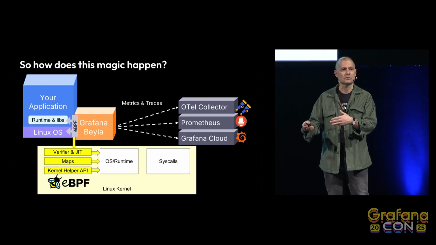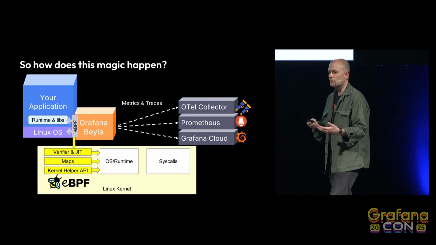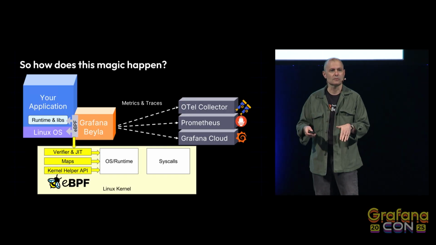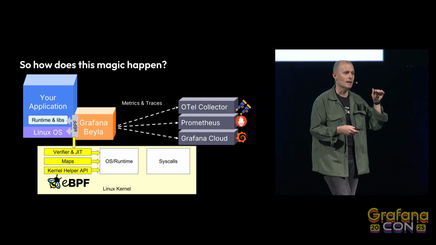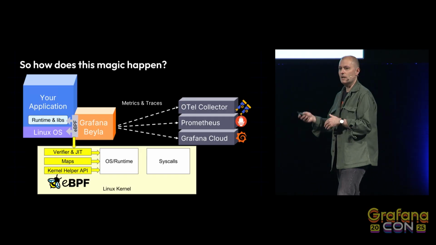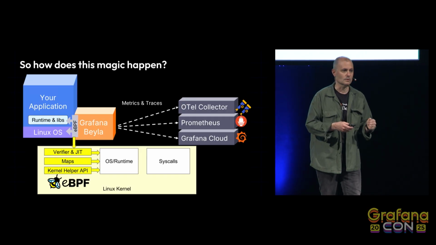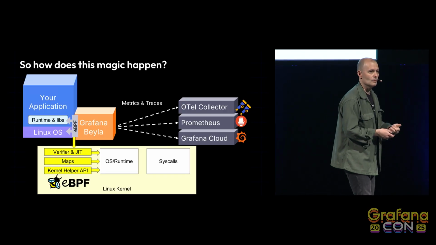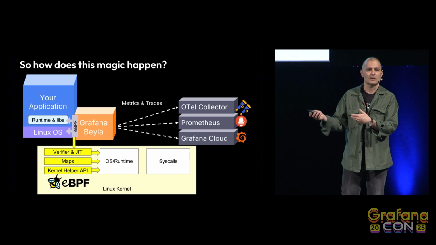Maybe it's using a managed runtime, maybe it's just a binary. It's using libraries on your system, and eventually it's using the Linux kernel. With this technology, we can tap into any aspect of this application stack and extract signals, which we then turn into telemetry. We send them in OpenTelemetry format, or we can export them directly to Prometheus. This is how the magic happens.